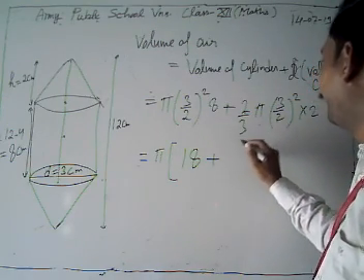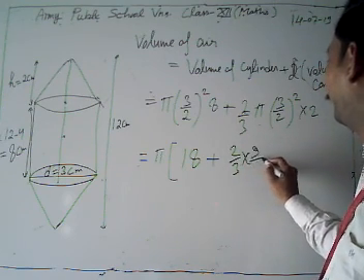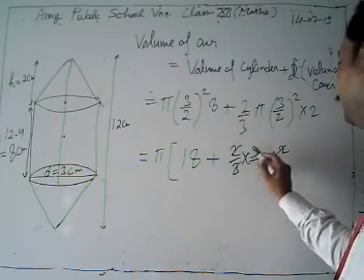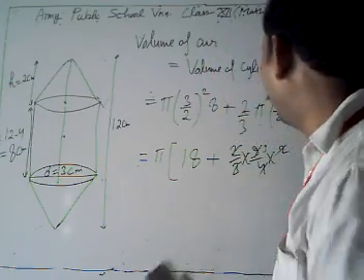Now what do we have here? 2 by 3 into 9 by 4 into 2, then the 2 and 4 cancel out, with this 3, we have 3 here. After solving, we have only 3 here.